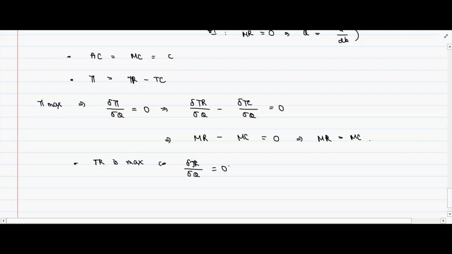If I differentiate total revenue with respect to quantity, I get marginal revenue. So when marginal revenue is equal to 0, the total revenue is maximized.